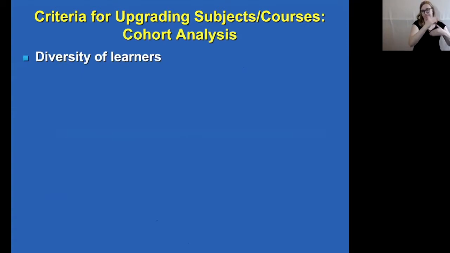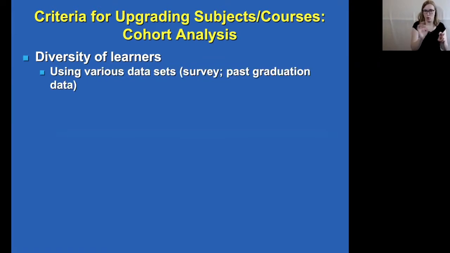So for the cohort analysis, you have a diversity of learners. And so that means we need to use various data sets, maybe through surveying students, looking at past graduation data, surveying teachers. What is the nature of your student group now?